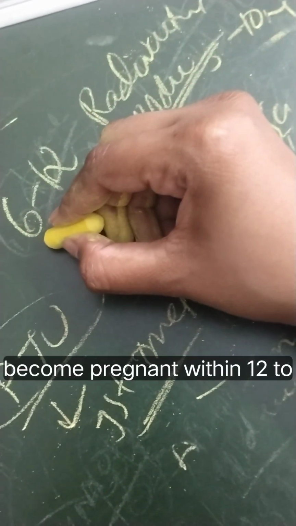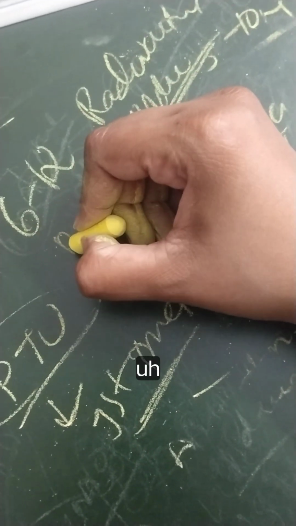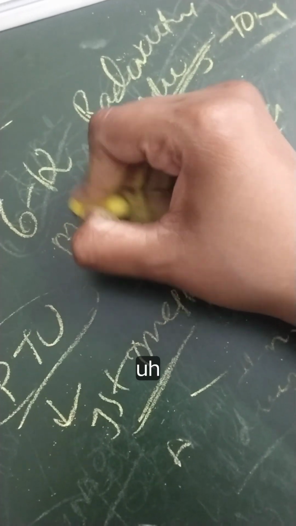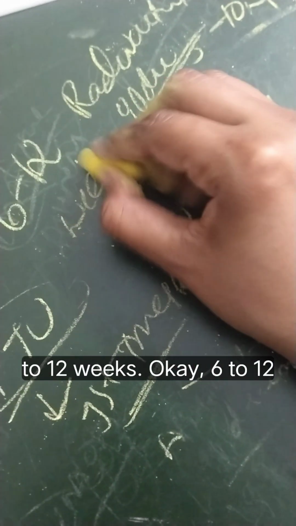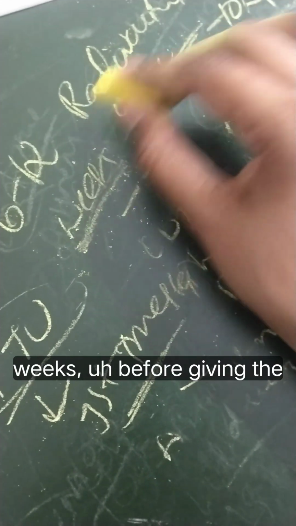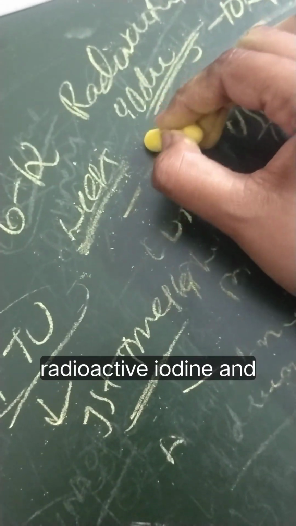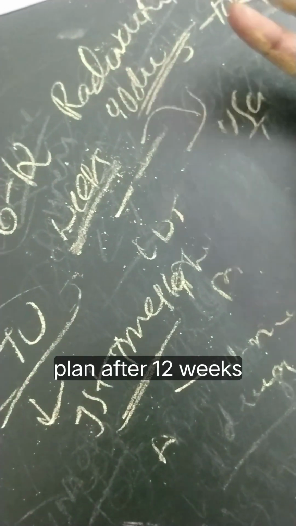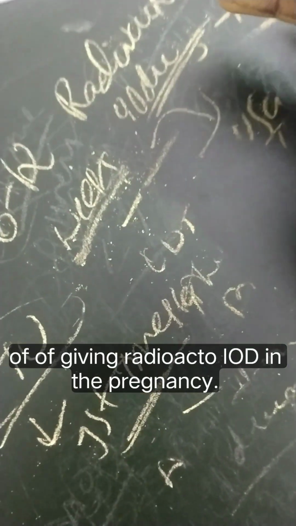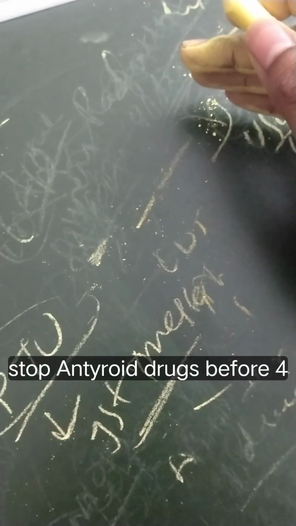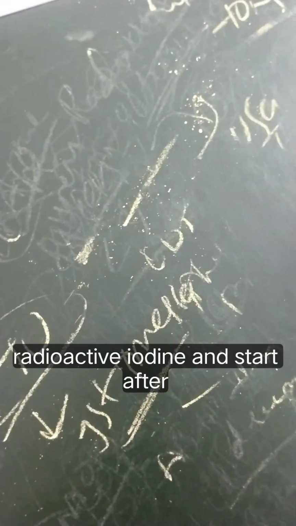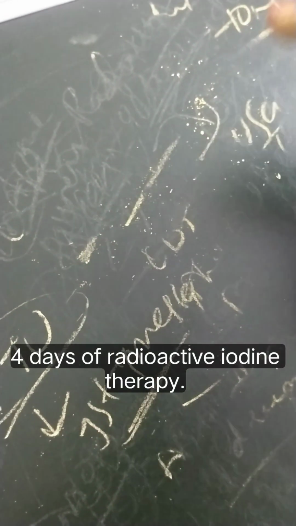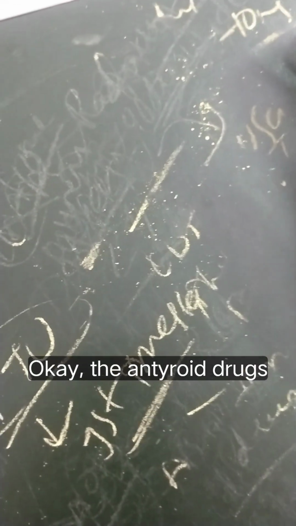Avoid pregnancy for 6 to 12 weeks before giving the radioactive iodine, and plan pregnancy after 12 weeks of giving it. Stop anti-thyroid drugs 4 days before giving the radioactive iodine, and start again 4 days after radioactive iodine therapy.